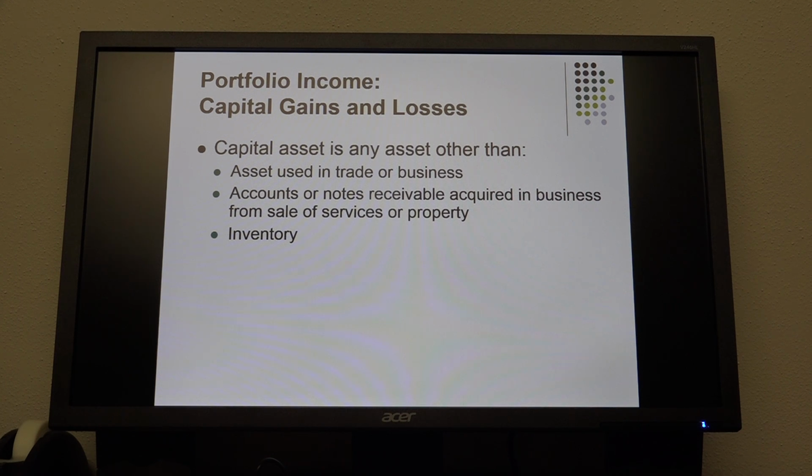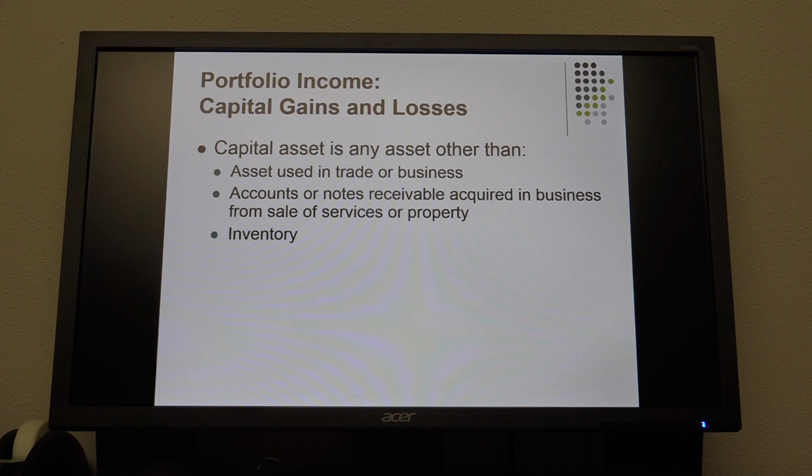Capital assets do not include any sort of inventory. And that makes sense. Some of this stuff is characterized like an asset used in a trade or business. These are not capital assets.